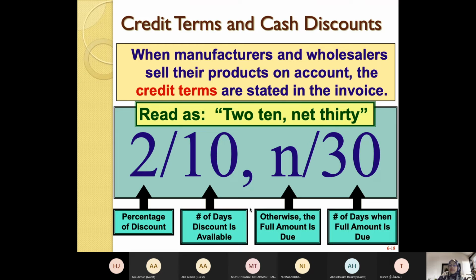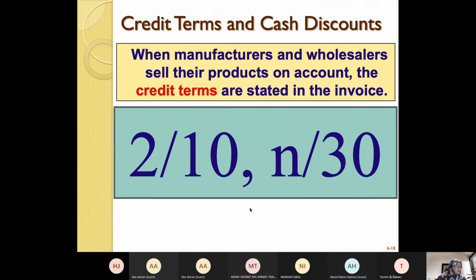Remember that you are purchasing on credit. So 2/10 means that if you pay within 10 days, you get a 2% discount. But if you don't pay within 10 days, there's no discount, but you have to pay within 30 days. That's what 2/10 net 30 means.